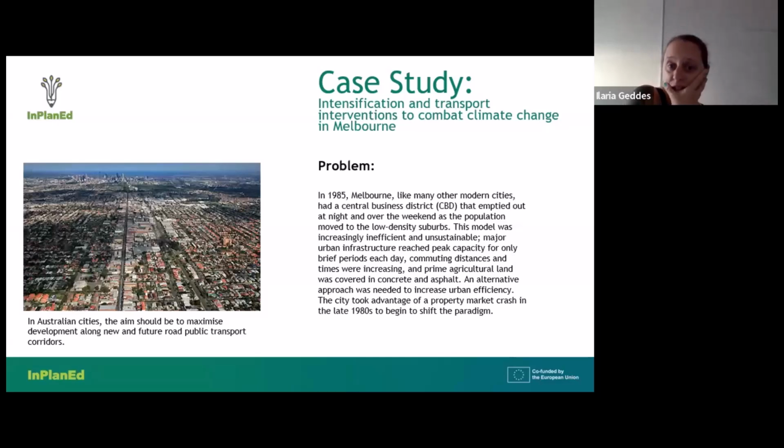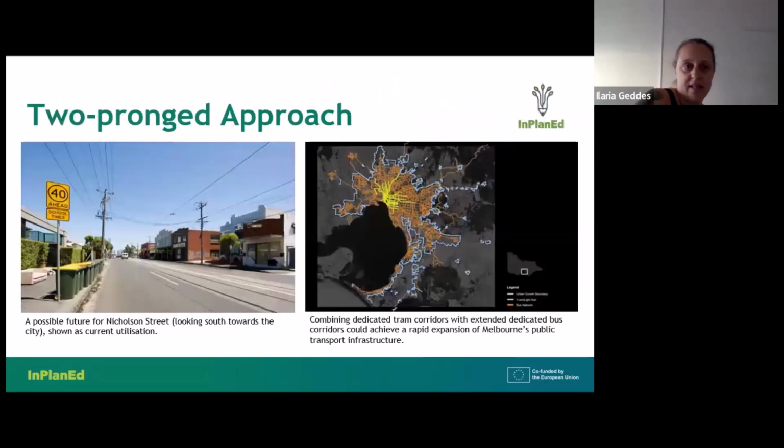So they took advantage of a property market crash in the 1980s, and they addressed the problem in two ways, basically. One was through a specific initiative, intervention, and the other one was through research.